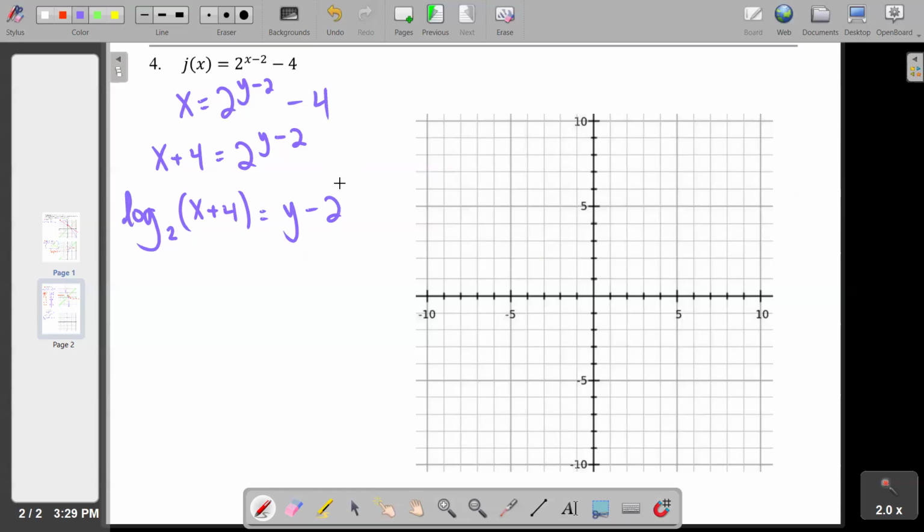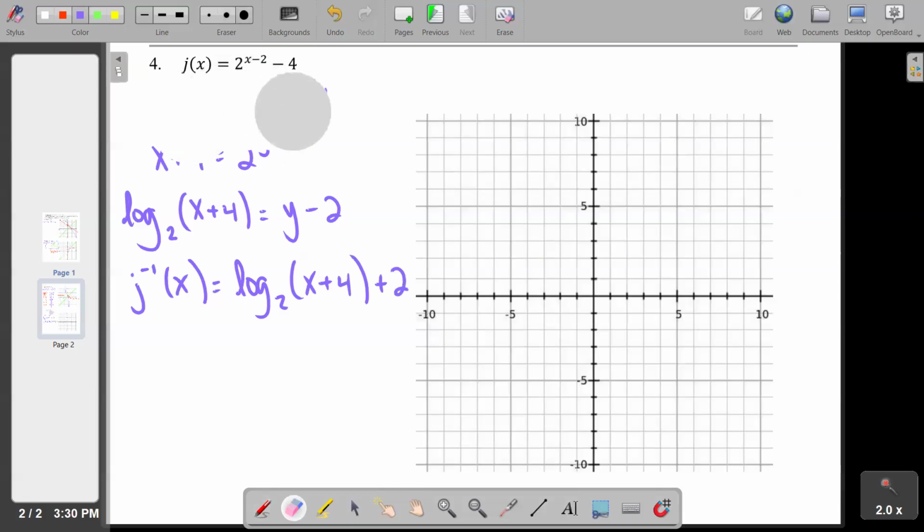Add 2. I'm ashamed to do all that great upper level math and then subtract 2 at the end. So we wind up with J inverse of x is going to equal log base 2 of x plus 4 plus 2.